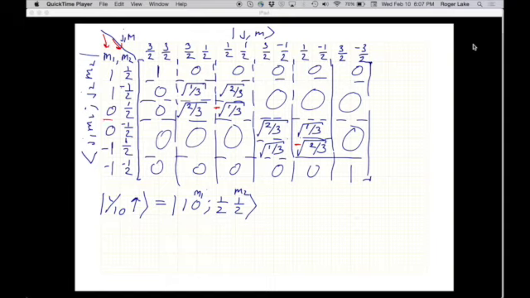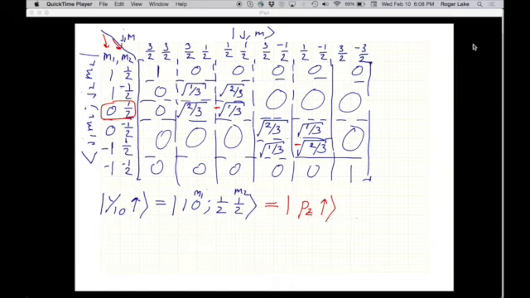Here's our 0, 1/2 state. This state was also our PZ. Y10 was exactly PZ. PX and PY are linear combinations of Y11 and Y1-1, so we'll worry about those later. Let's just start with this one where there's a direct one-to-one correspondence, the PZ orbital we're working with, Y10.